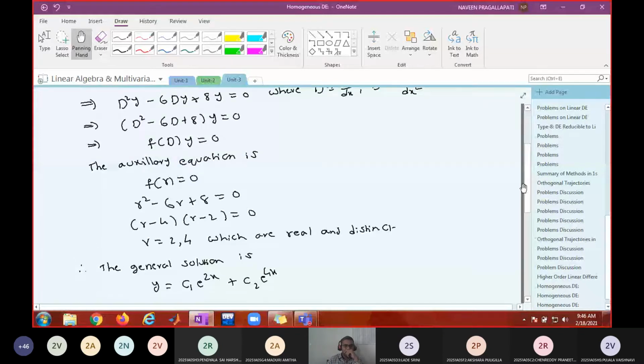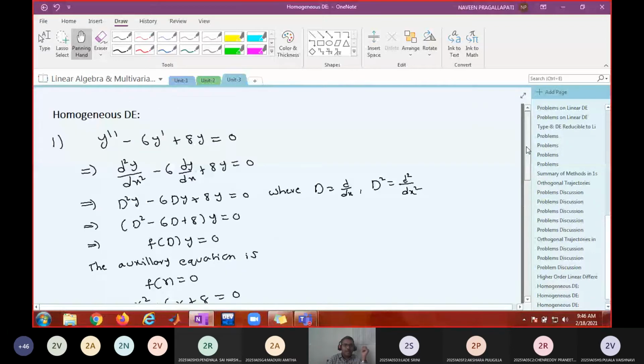Now I will change this problem into an initial value problem. Let me add a few conditions. Let us say y of 0 equal to 1, y dash of 0 equal to 2. What are these conditions called?